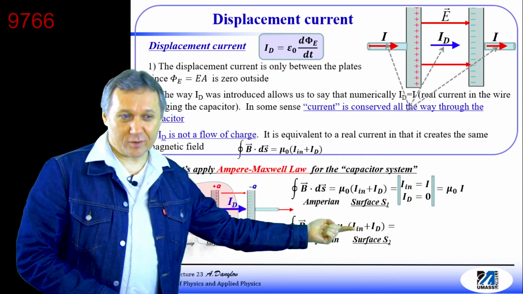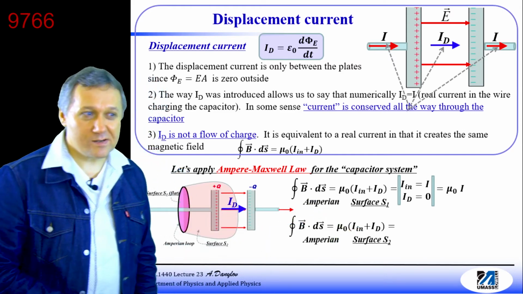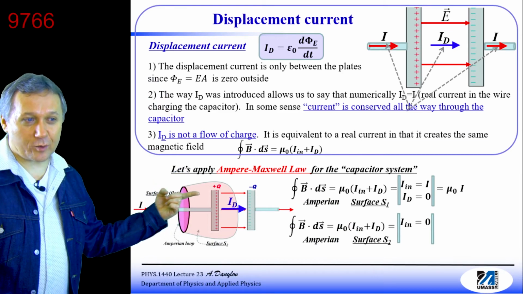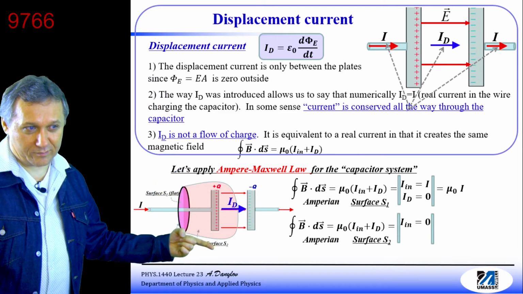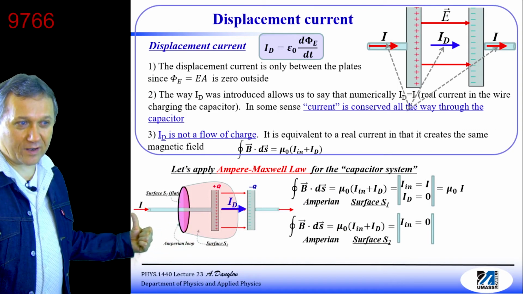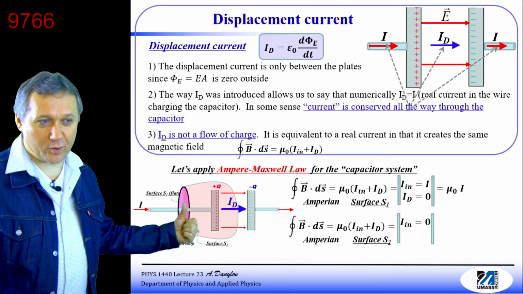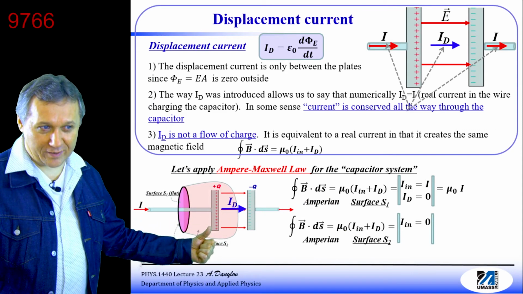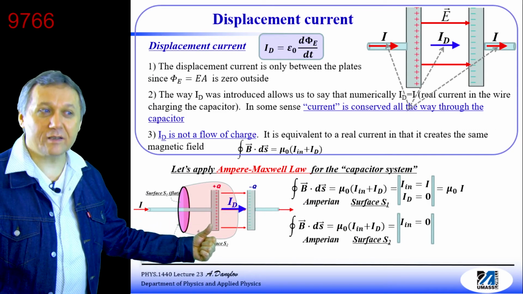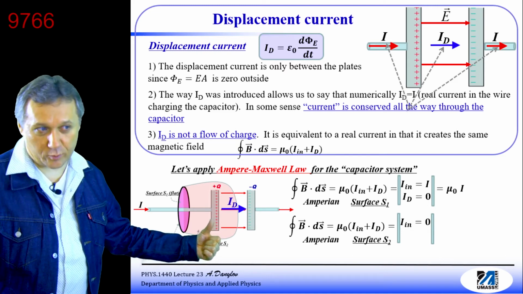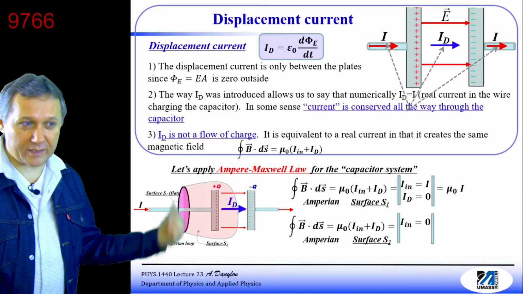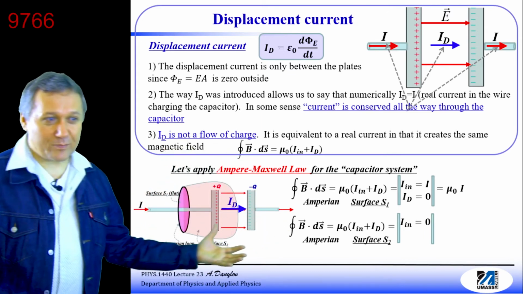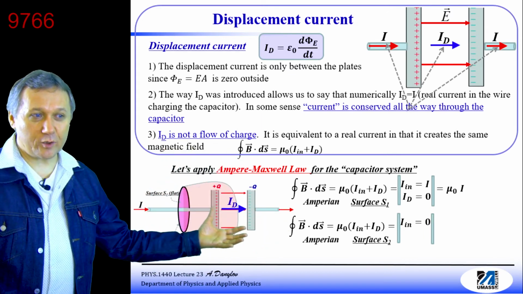It's 0 because it doesn't cross surface S2. This current I goes through this hole and ends on the positive electrode, so actual current doesn't cross surface S2, and that's what we saw two slides ago when we discussed the problem. So I enclosed equals 0.